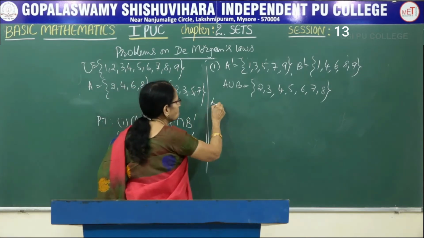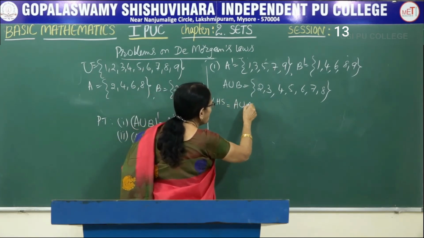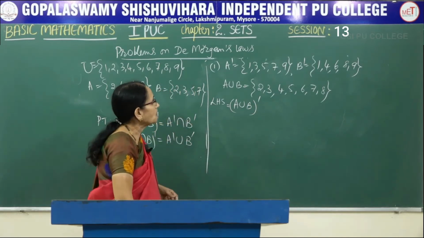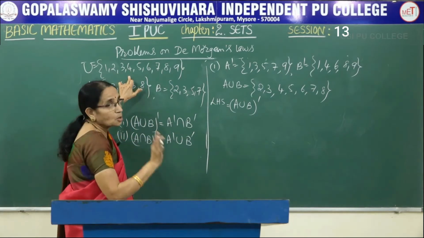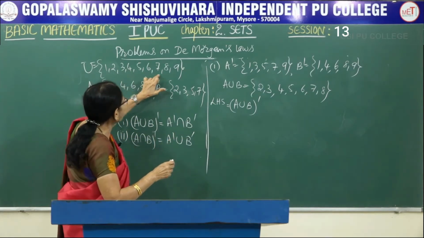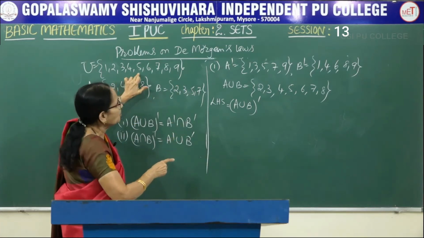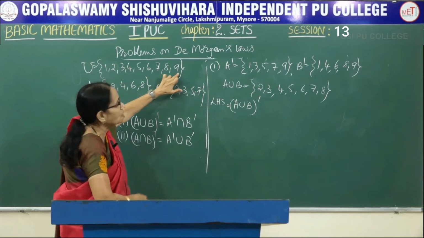Now let me start with the left hand side. What is on the left hand side? It has to be (A union B)'. (A union B)' means, go to the original set, the universal set 1, 2, 3, 4, 5, 6, 7, 8, 9. So here we are having 2, 3, 4, 5, 6, 7 and 8. So what are the remaining elements here?